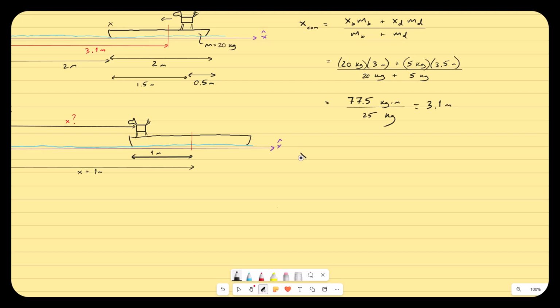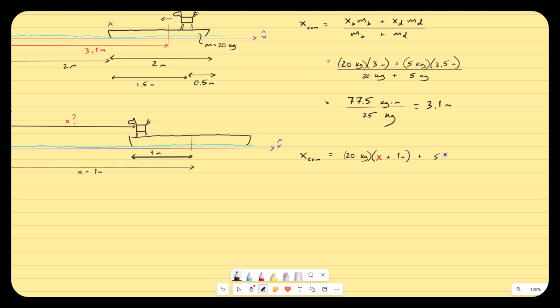And now we can solve. Alright, our X center of mass is going to be the same formula. So I'm going to have 20 kilograms for the boat times X plus 1 meter.